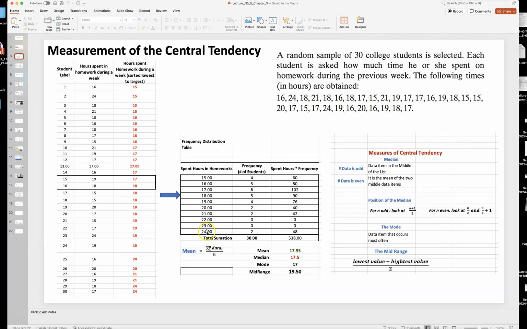Of course, this one is different from that. Why? Because you have some outlier values that really don't represent the population. You have here two guys that spent almost 24 hours, but only 2 out of the 30 students that you surveyed in that particular exercise.